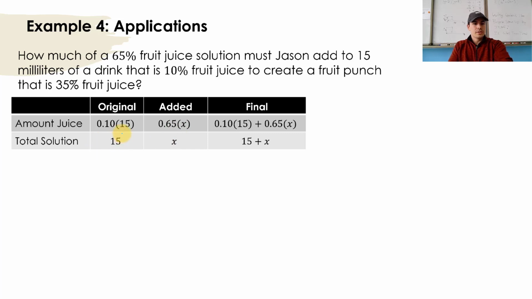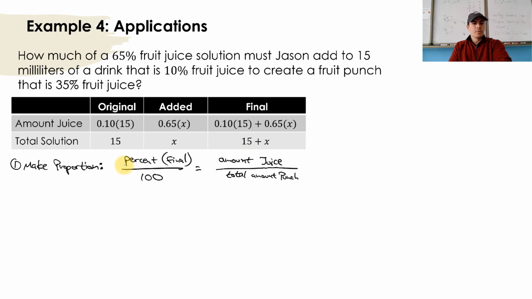And then our total solution starts off at 15 milliliters, and we're adding, again, an unknown number. So our final expressions, we have our 10% times our 15, and we are, again, adding 65% of an unknown amount. And then the final total amount of fruit juice is going to be 15 milliliters plus, again, some unknown amount of milliliters. So for an equation like this, we can go ahead and set up a proportion.